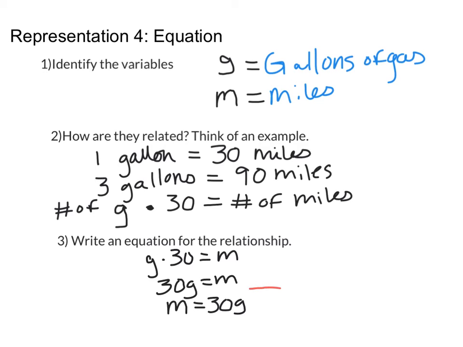So you can see that the fourth representation, the equation, it's definitely the shortest, but it can also be the trickiest to come up with. And it's also important to note that along with the equation, identifying the variables is a vital part of that, when M is miles and G is gallons. You don't ever want to leave an equation by itself without your variables identified.